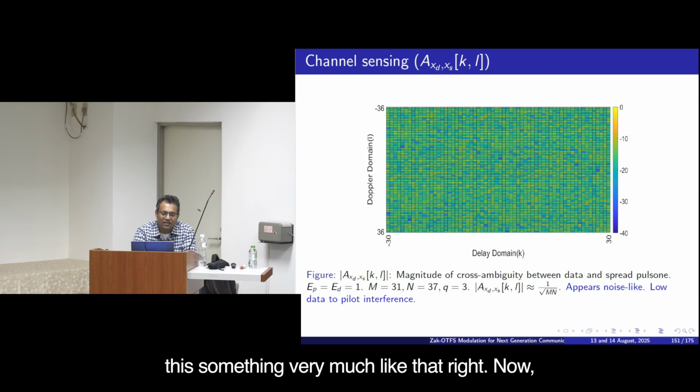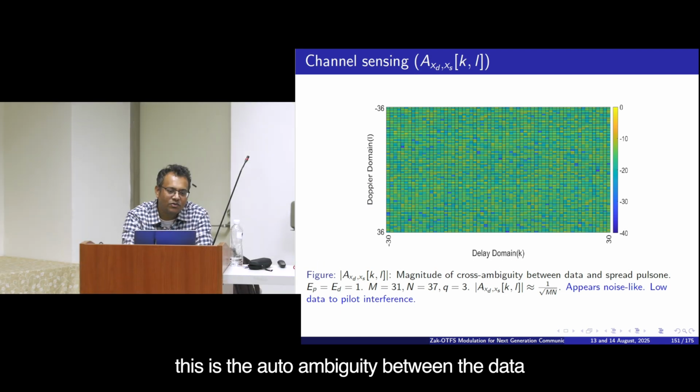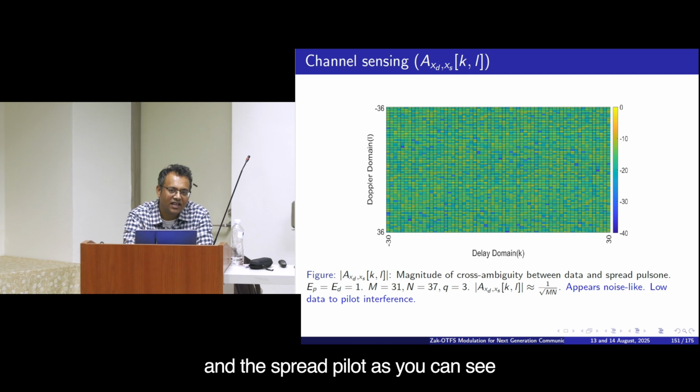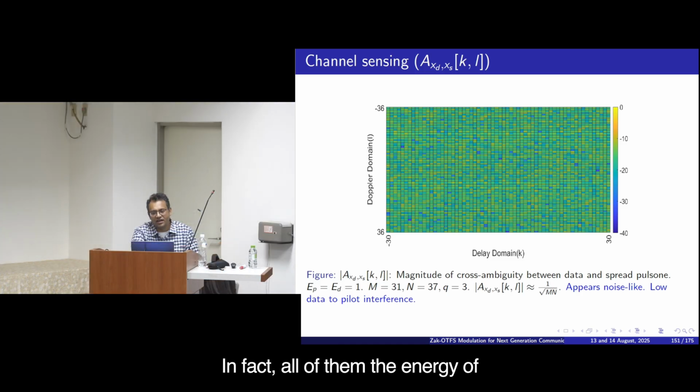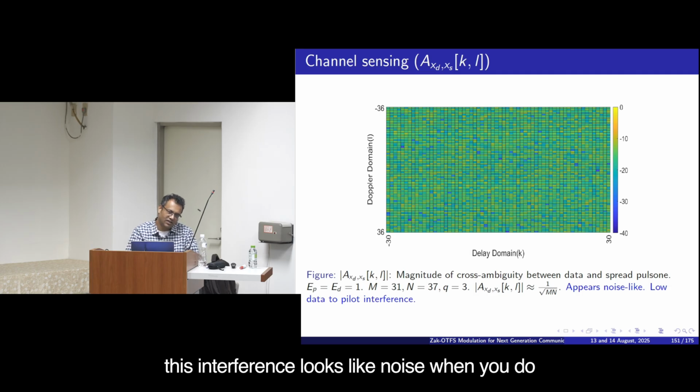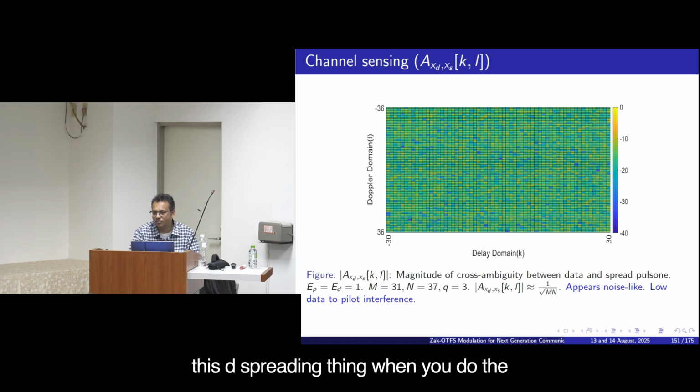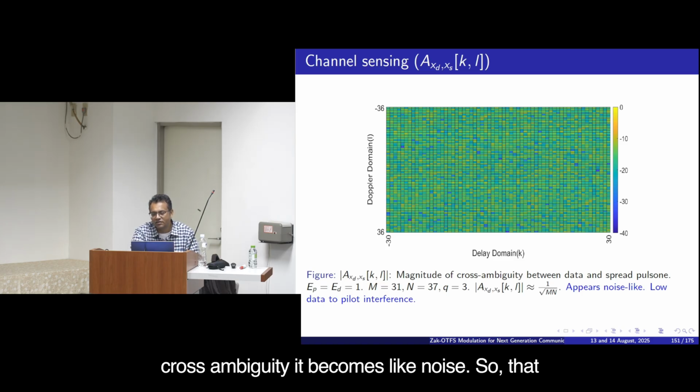Now, this is the cross ambiguity between the data and the spread pilot. As you can see, it looks almost like a noise floor. In fact, the energy of all of them is 1 over MN. So this interference looks like noise when you do this de-spreading, the cross ambiguity.